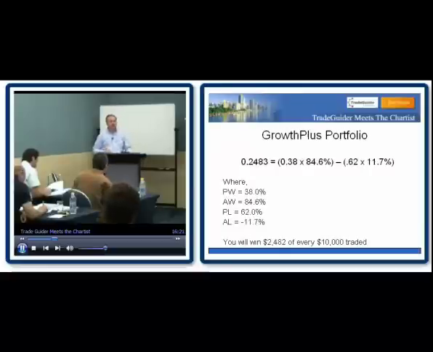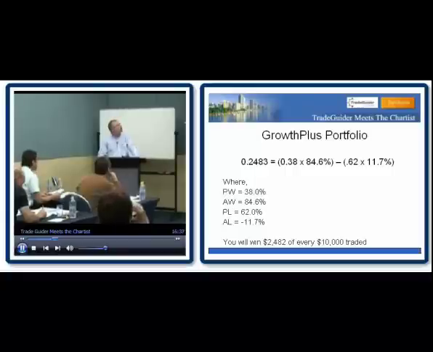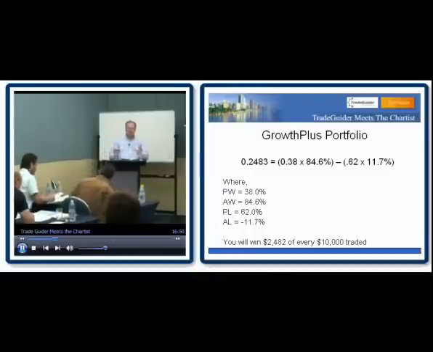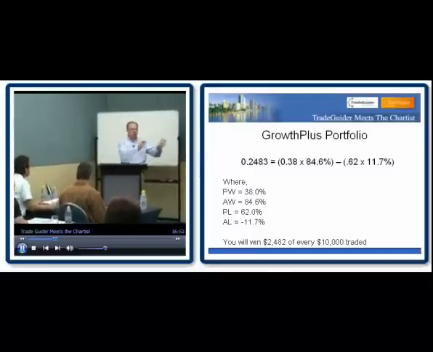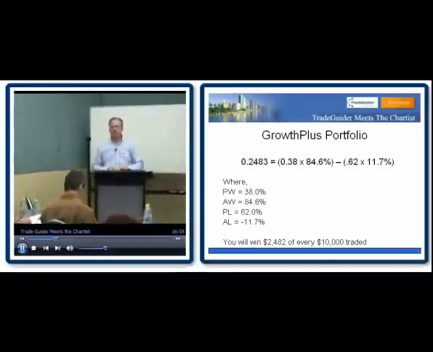Here's the Growth Plus. Here we're making $2,482 for every $10,000 invested. So we've got an expectancy of over 24, almost 25%. Now this one has a win rate of just 38%. So this is where people psychologically get caught up in this, you'll win 80% of the time, you'll win 80% of the time.